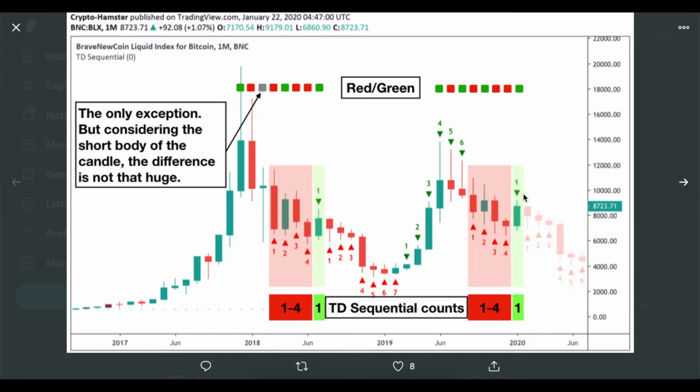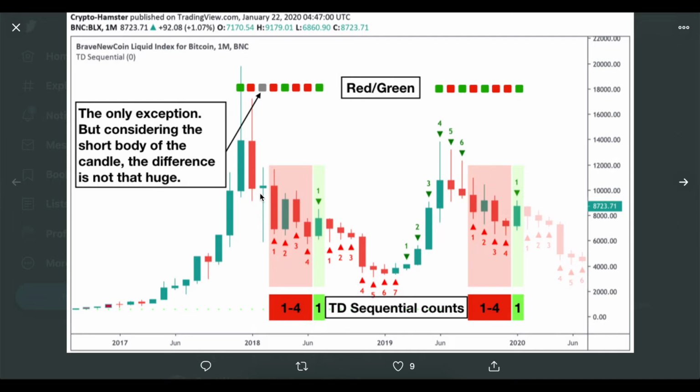The same here we have right now, green 1. And moreover, if you look at the candle colors, then you would see that, for example, this one, green, red, red, red, green, red, red, green. So after a set of greens, you have 3 red, 1 green, 2 red, 1 green.